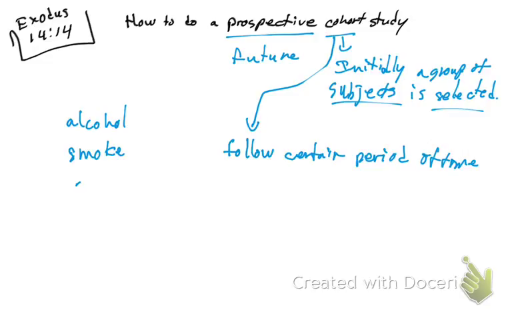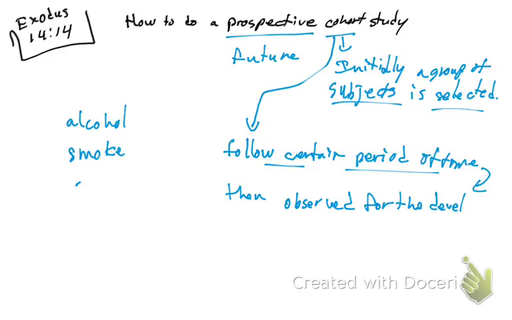So follow for a certain period of time, and then observe for the development of something. For example, if I am taking the patients that drink alcohol or smoke, and I want to see any disease like cancer or miscarriage, I'm going to follow to see what is the observation, what is the outcome.